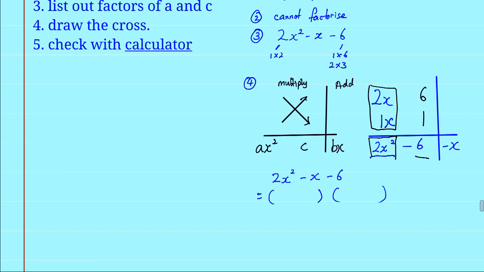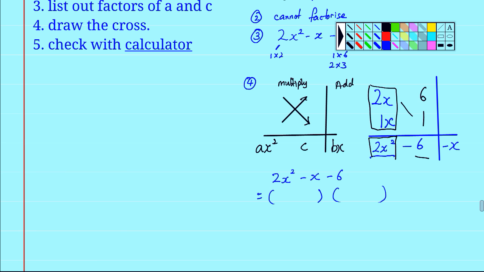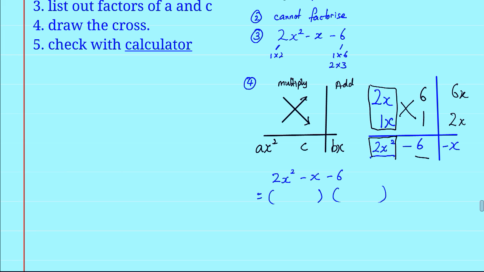So I will take 2 multiplied by 1 and I'll get 2x. I'll get 1 multiplied by 6, I'll get 6x. Now you see over here, there is no way I can get the negative x. So I know that this is wrong. So I will actually erase it away.